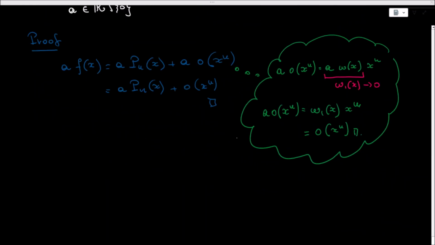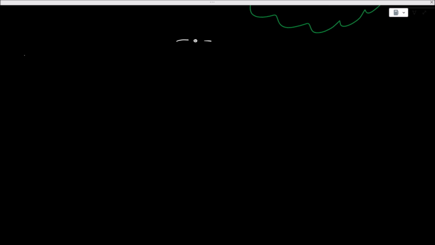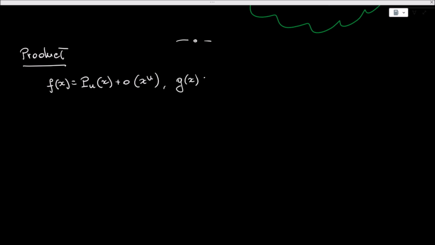Let's now see what happens if we consider the product of two functions. So f of x can be expanded into Pn of x plus little o of x to the n. g of x is expanded into Qn of x plus little o of x to the n.